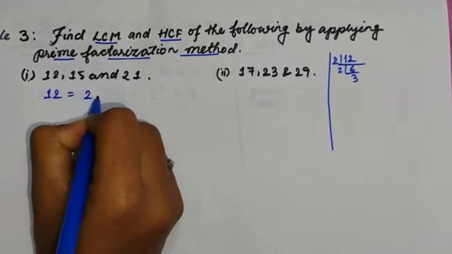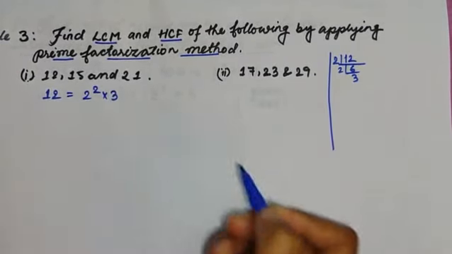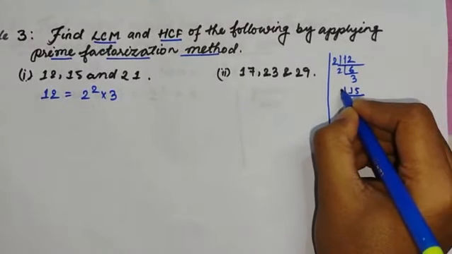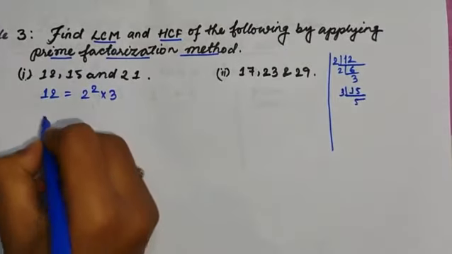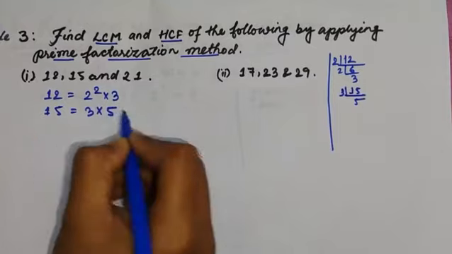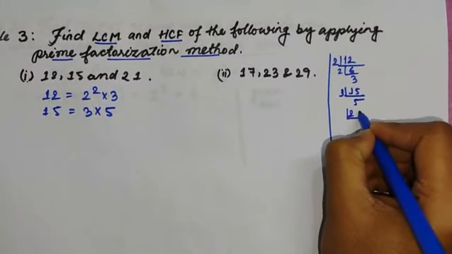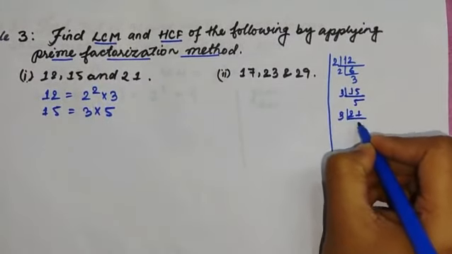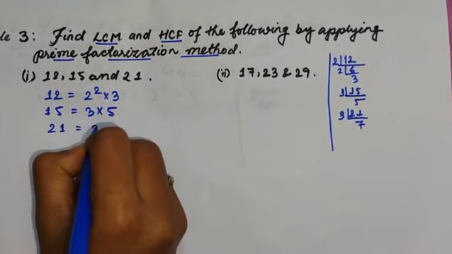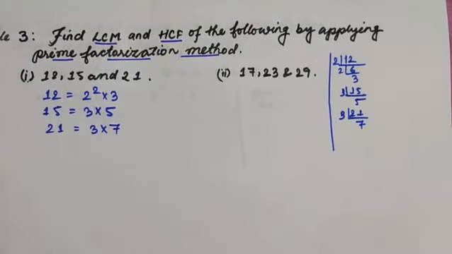So 12 becomes 2 to the power 2 into 3. Okay, next, 15 becomes 3 into 5. Then next, 21 is 3 into 7.